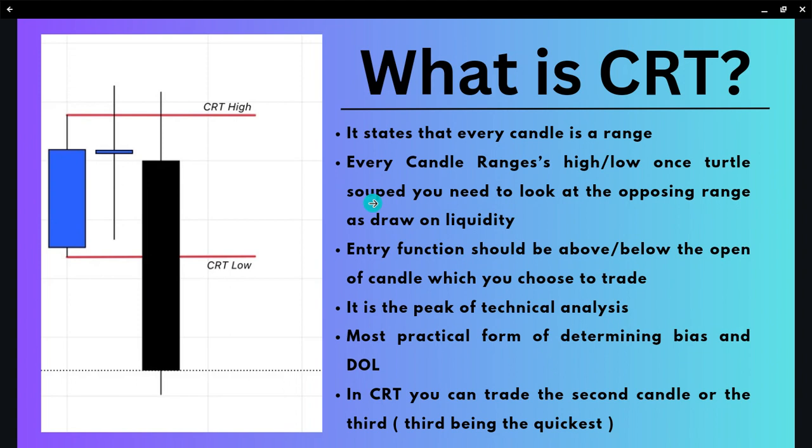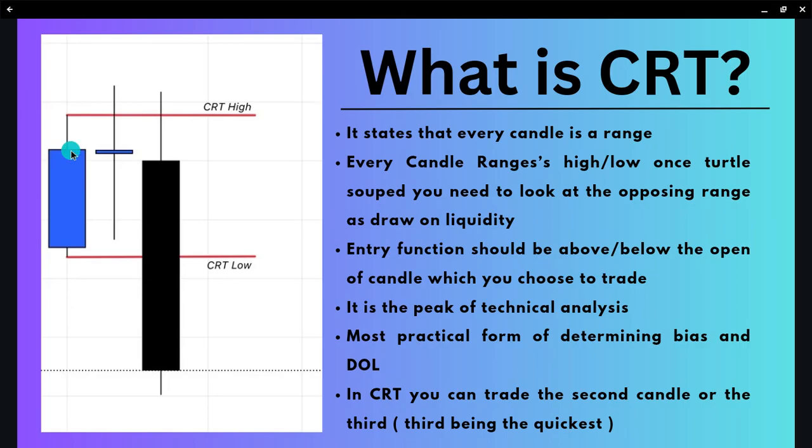Once turtle soup happens, you need to look at the opposite range or opposing range as drawn liquidity. In this example right here, this is the range. It can be anything. It can be a weekly time frame, and you should know which weekly chart this is. This can be the daily.